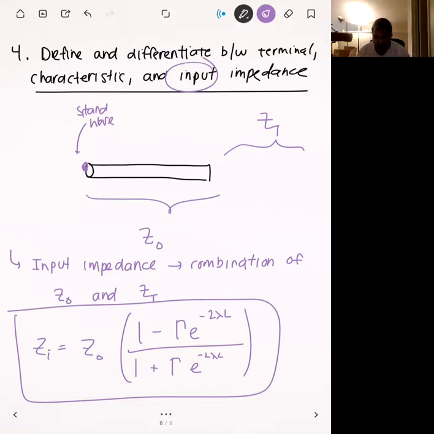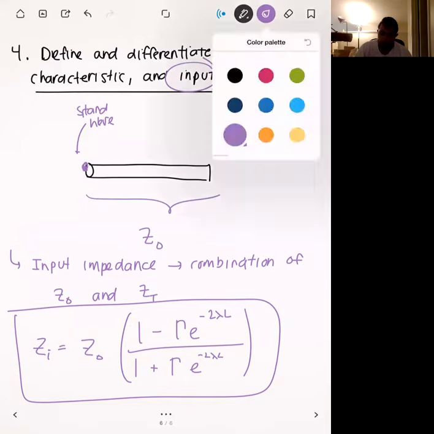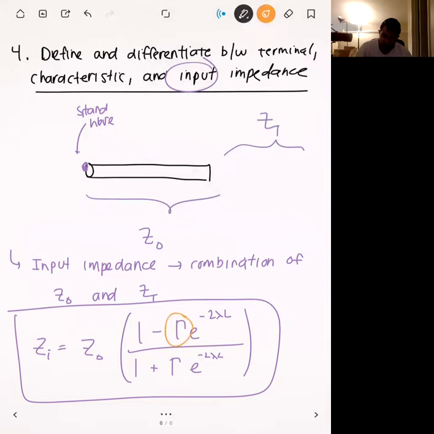Obviously you see characteristic impedance Z0, but then this factor right here, the reflection coefficient, takes the terminal impedance into account. So you can basically just think of input impedance as the combination between the two.